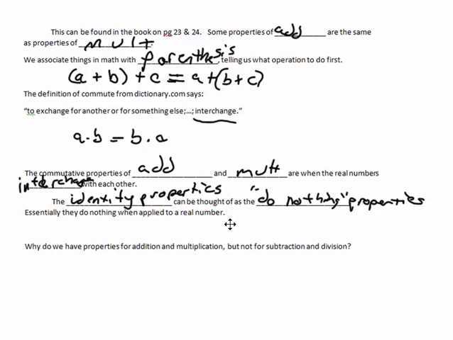Essentially, they do nothing when applied to a real number. So 4 times 1 is 4. That's the identity property of multiplication. It does nothing. And here's a question I really want you to think about on your own. Why do we have properties for addition and multiplication but not for subtraction and division?